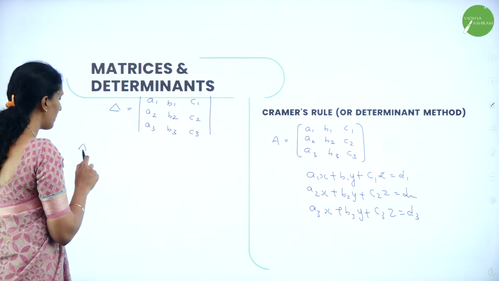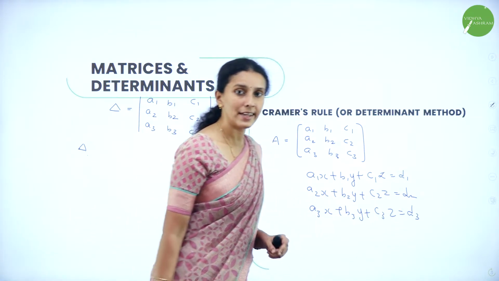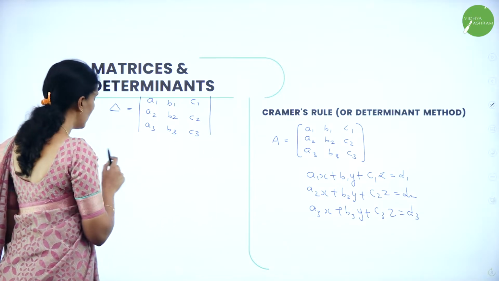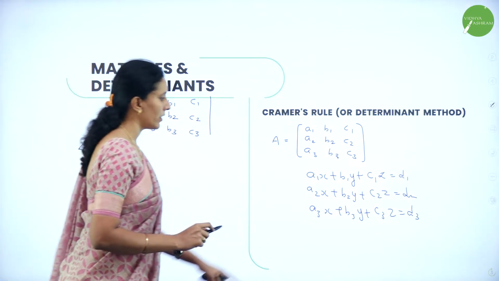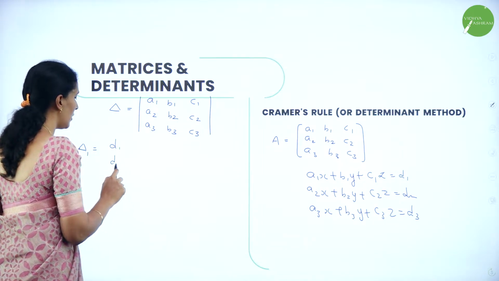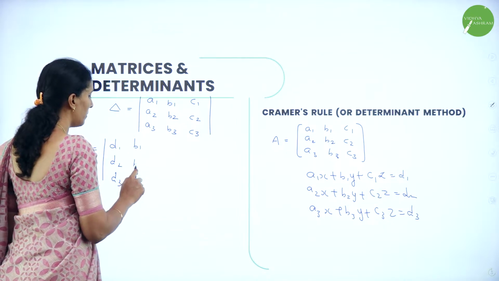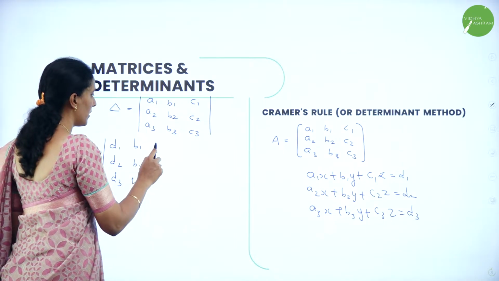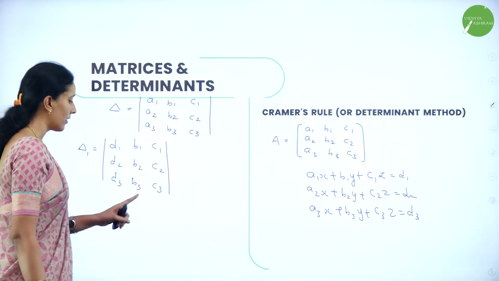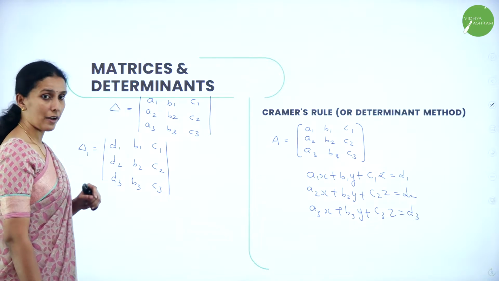Next, we will replace any one of the columns by the constants D1, D2, D3. If you replace the coefficients of x with the constants D1, D2, D3, followed by B1, B2, B3, C1, C2, C3, and evaluate the determinant, that determinant we will consider as delta 1.